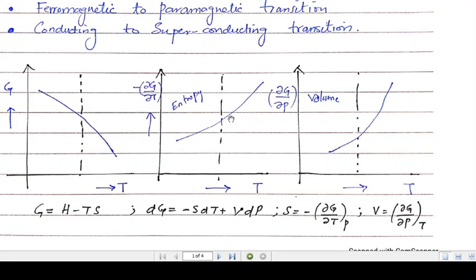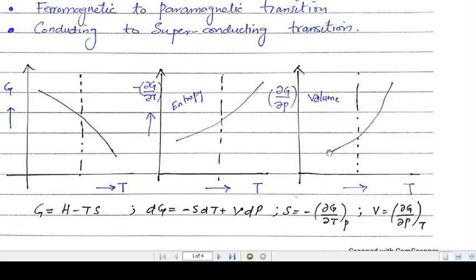The difference in this case is that there is no discontinuity at the phase transition temperature, because we are not supplying any latent heat. Thus, as we increase the temperature, the disorder will increase, which results in an increase in the entropy of the system.